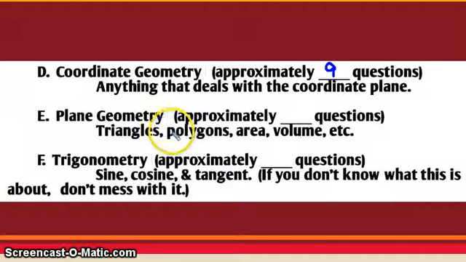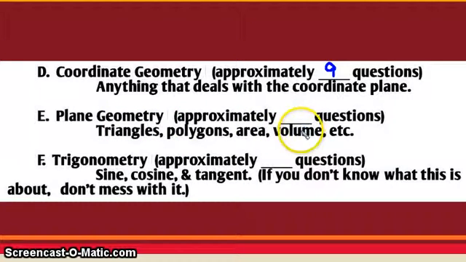Plane geometry is your basic 2D geometry. It's got some volume in it, so you are going to deal with some volume, surface area, possible questions, 3 dimensions. But for the most part, it's just plane geometry, which is the 2D versus the 3D.